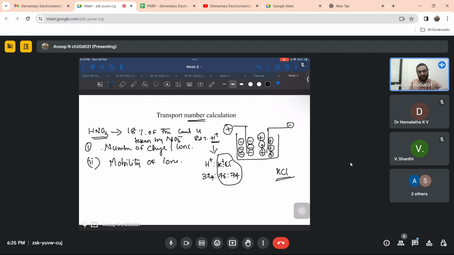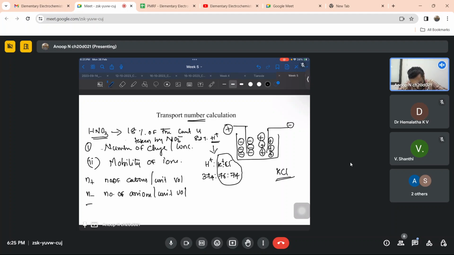So we'll try to find how the transport number is generally represented. We take a solution in which n plus is the number of cations per unit volume and n minus is the number of anions per unit volume.